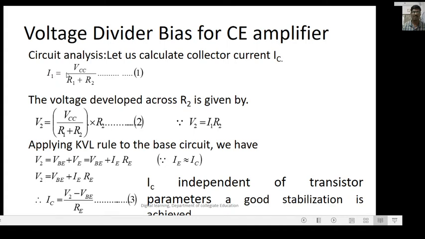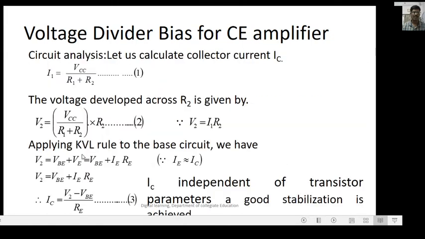The voltage developed across R2 is given by V2 equal to I1 R2, that is, VCC divided by R1 plus R2, into R2.